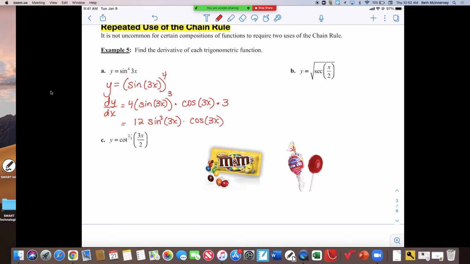All right, I'm going to pause, and I want you to try B, and if you're a fast worker, go on to C. Let's see if you can do this repeated use of the chain rule. So nice and slowly with it.